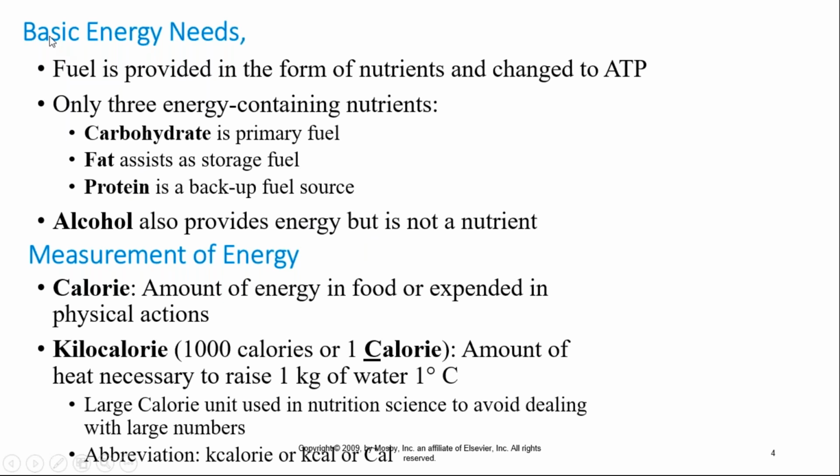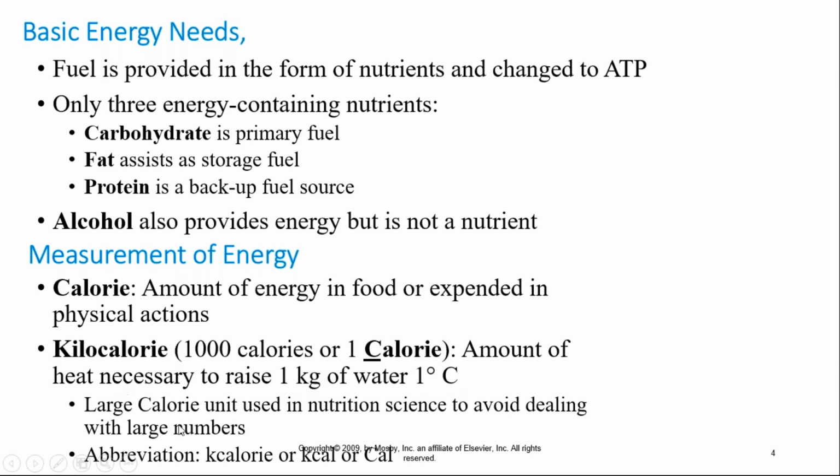So how is the energy measured? The energy is measured by a unit called the calorie. It is the amount of energy which is in the food or expended in physical action. In nutrition, the energy is represented by a kilocalorie, or 1,000 calories, where instead of a small c you have the capital C. One kilocalorie is the amount of heat required to raise the temperature of 1 kilogram of water by 1 degree centigrade.